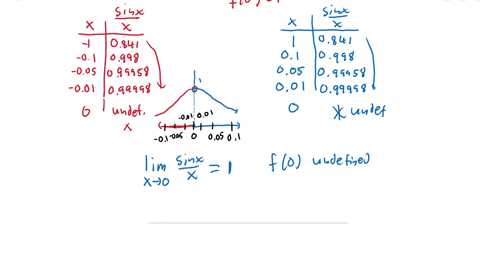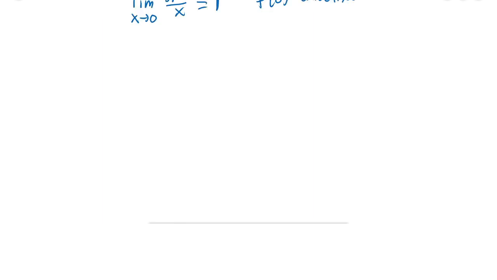So let's provide a general definition now. Again, keep in mind that this is what I would call an informal definition. Later we'll see that we'll have to consider this in a more formal, more mathematically precise way.